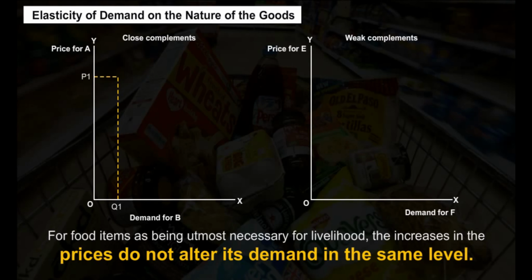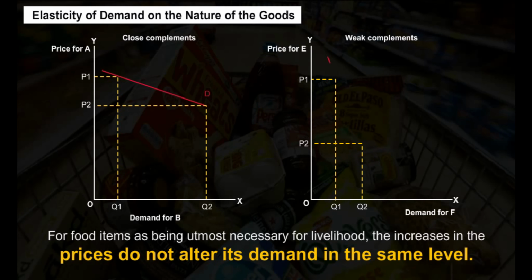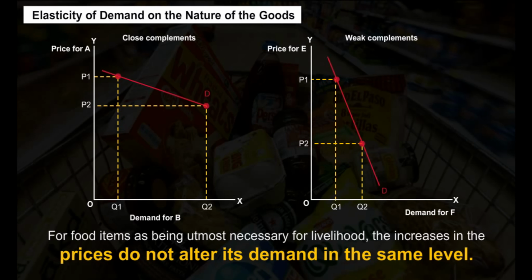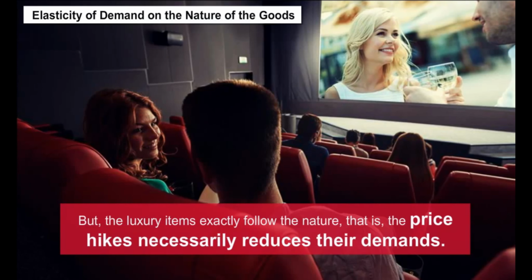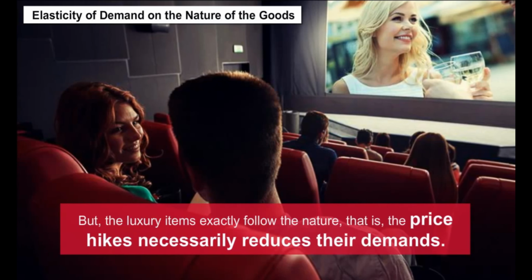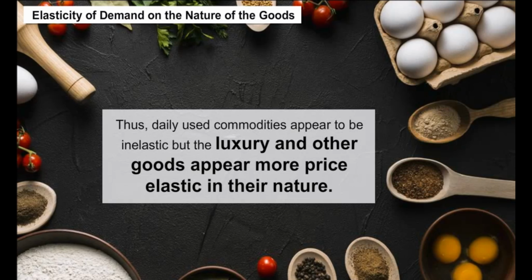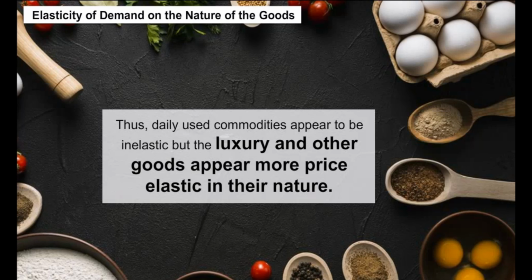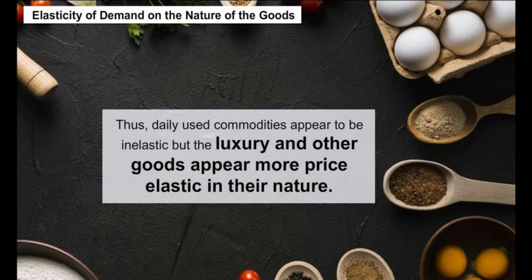For food items, being utmost necessary for livelihood, increases in prices do not alter their demand to the same level. But luxury items follow the opposite nature. That is, price hikes necessarily reduce their demand. Thus, daily used commodities appear to be inelastic, but luxury and other goods appear more price elastic in nature.